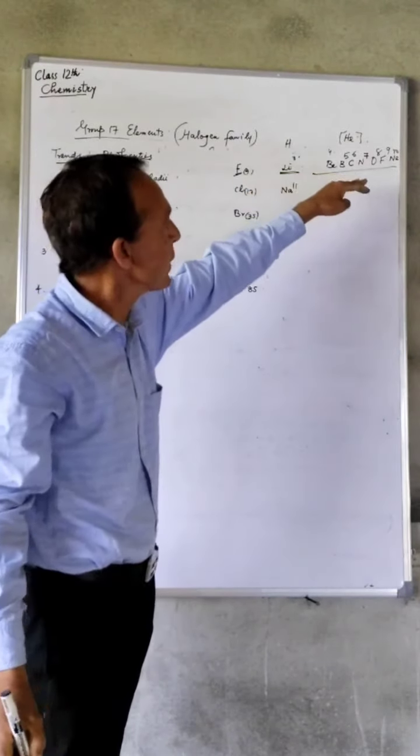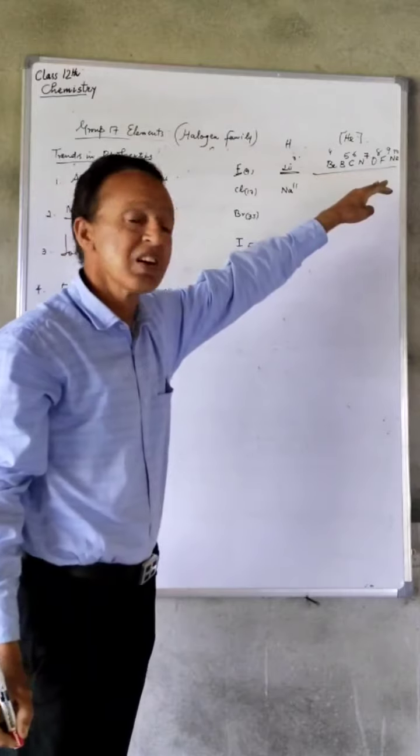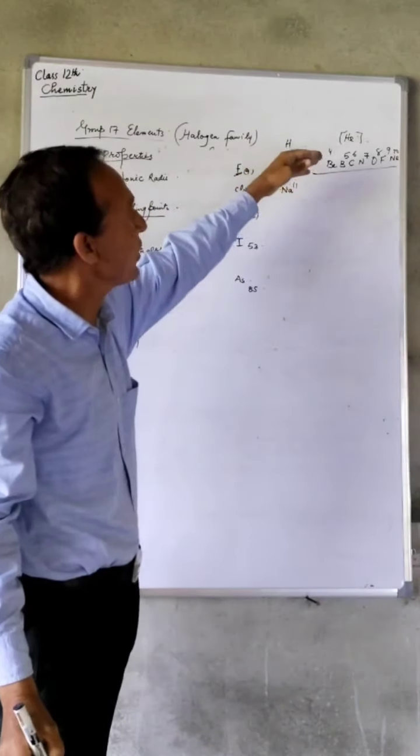As we move across the period, the atomic size decreases and the nuclear charge increases.